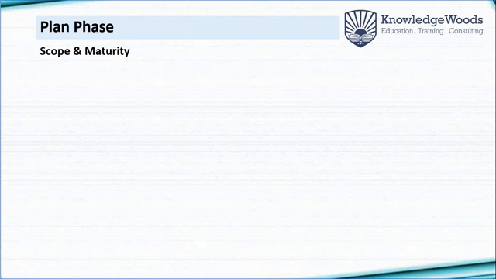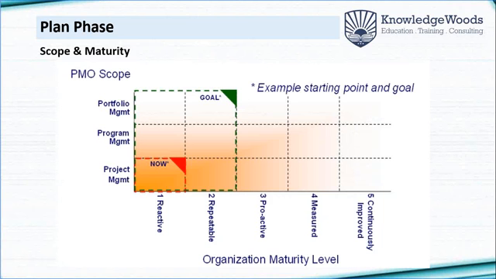One example, as shown on your screen, talks about an organization, highlighted in red, which is currently focusing on project management, and the organization maturity is at level 1.